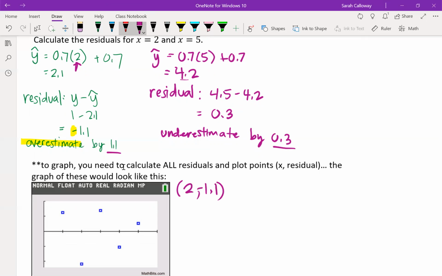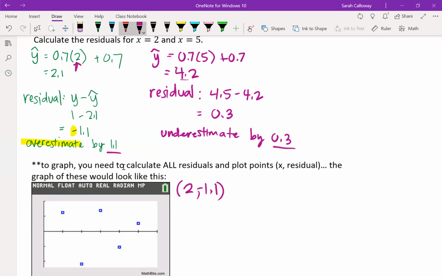So I already talked about this last thing, where we talked about how this is scattered. And so that tells me that I have a linear model. So that's this example here. A linear appropriate model would be something where there's a random pattern. So I could say that there is no pattern to the graph.